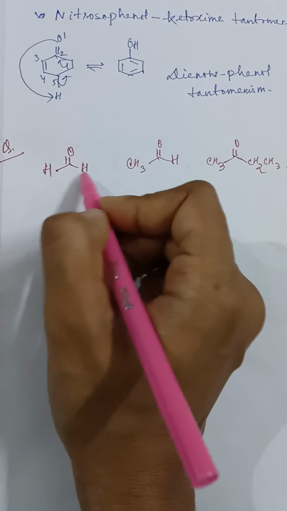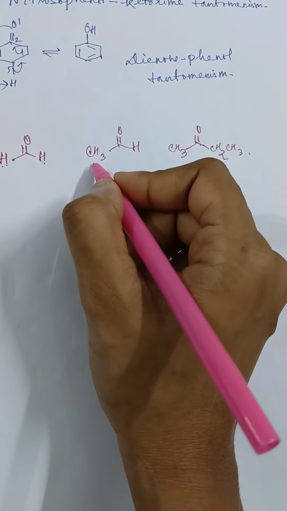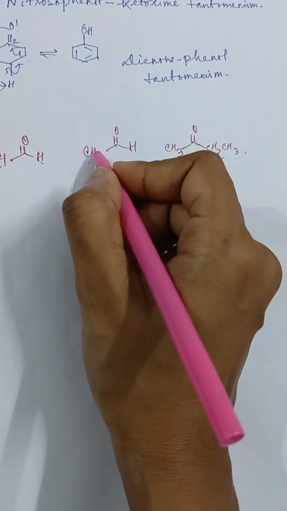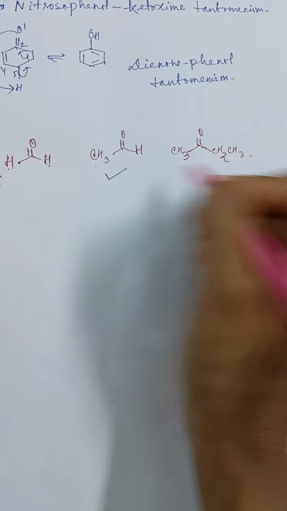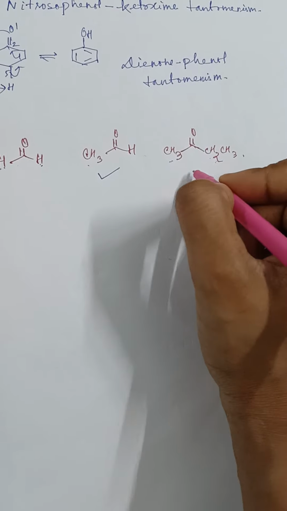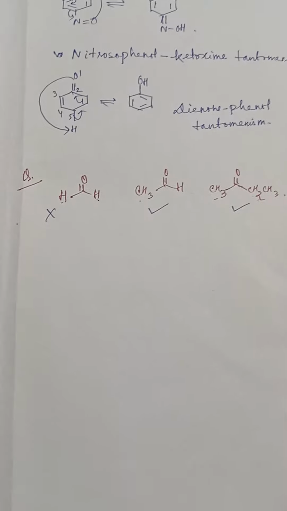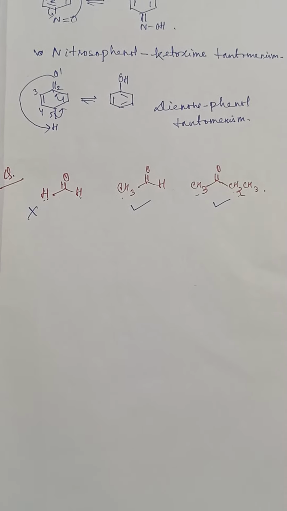You see here, there is no alpha carbon, so no point of further checking the second requirement. Here you see it has alpha carbon and also 3 alpha hydrogens, so it will show. Here it has alpha carbon and 5 alpha hydrogens, it will show tautomerism. Okay, so these are some things you should take care.